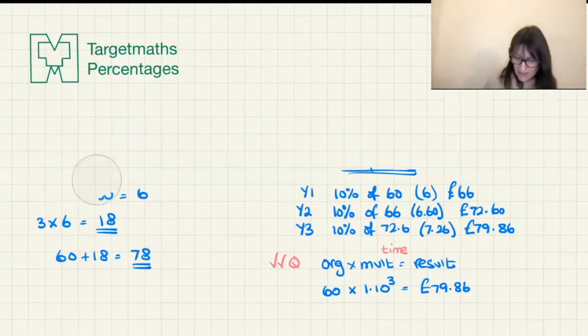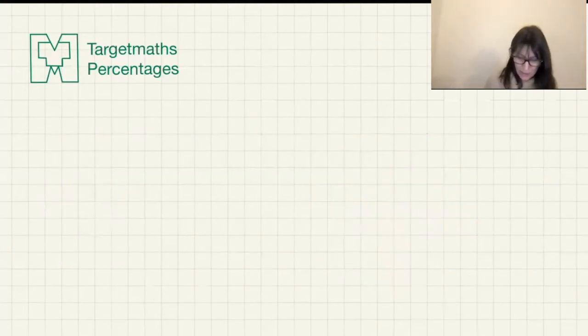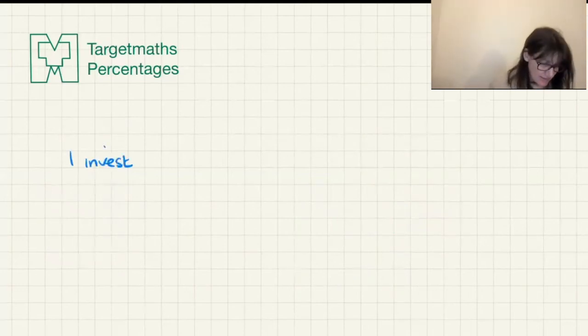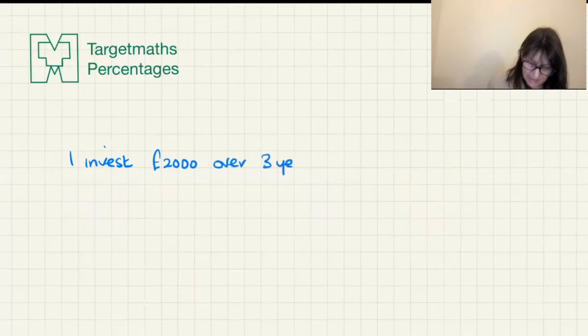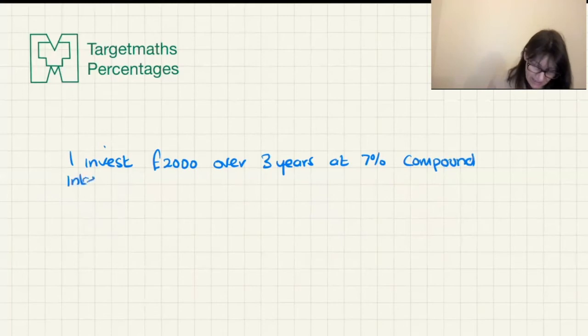Let's do a couple of questions so that we can get into the swing of this. All right, so I invest £2,000 over 3 years at 7% compound. And it's important because it will be in the question.